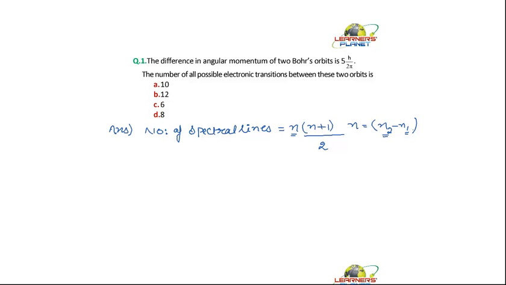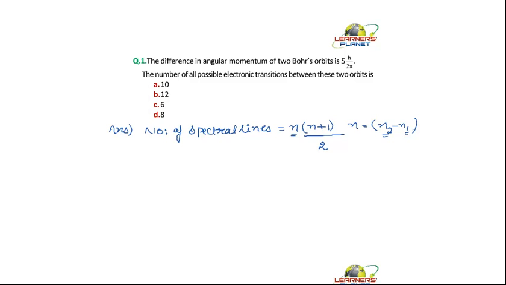Now here it's given that the difference in the angular momentum of two Bohr's orbits is 5h by 2 pi. So what is the angular momentum of a Bohr orbit? Bohr suggested that only those circular orbits are possible whose angular momentum is an integral multiple of h upon 2 pi.